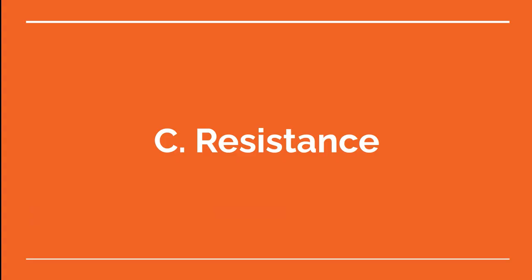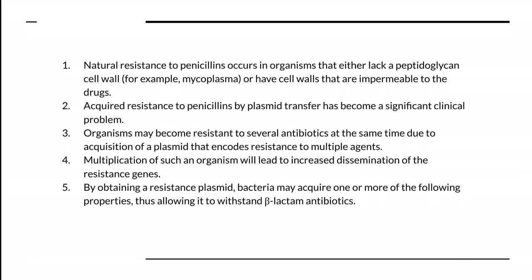All right. Next, the problem that we face is resistance. As far as resistance is concerned, there is natural resistance, which occurs in organisms that either lack a peptidoglycan cell wall. Mycoplasma doesn't have it, you guys only told it.